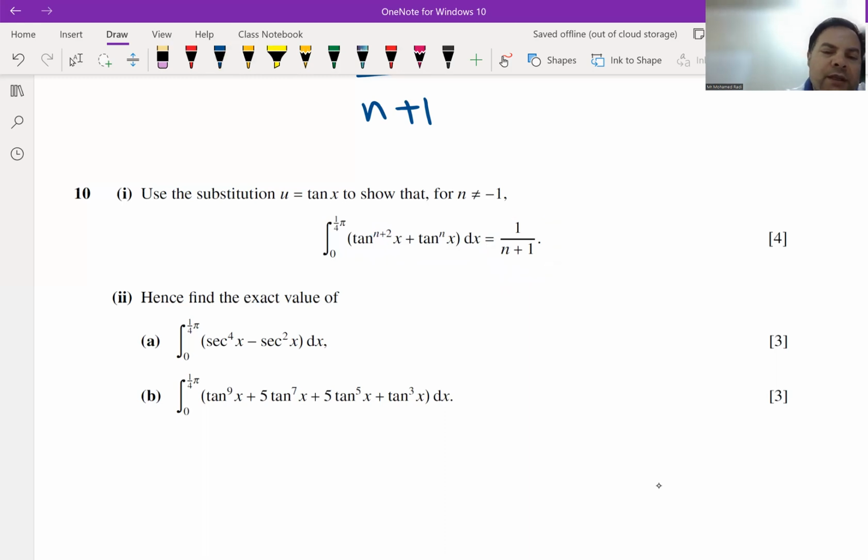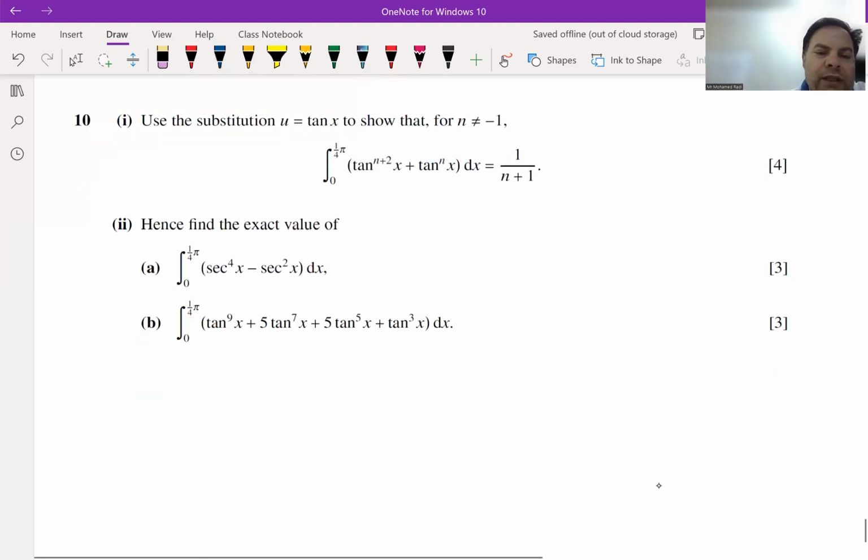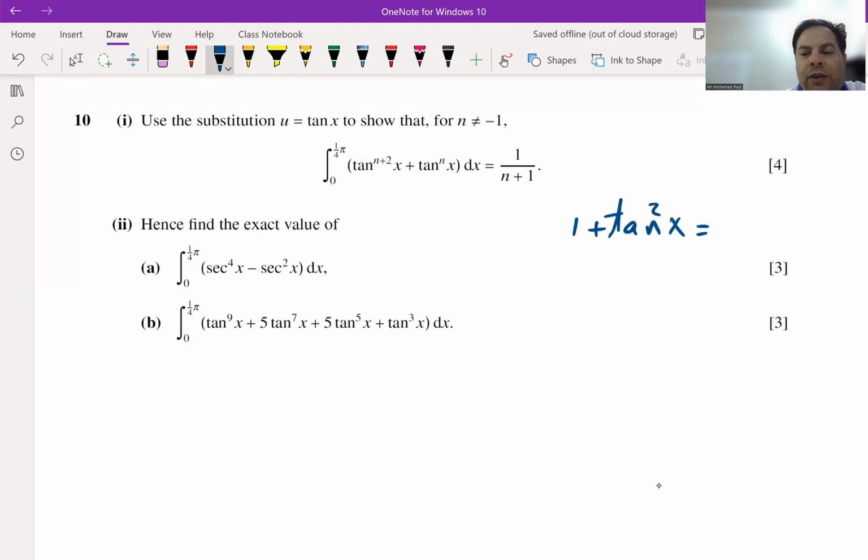Let's start now to look at part 1 and we'll explain how to use part 1 to solve part 2. By looking at this question, it includes sec squared and sec to the power 4, and the question included tan. So you have to remember the relation between tan and sec, which is 1 plus tan squared is equal to sec squared x. So I will start now by writing 0 to a quarter of pi.